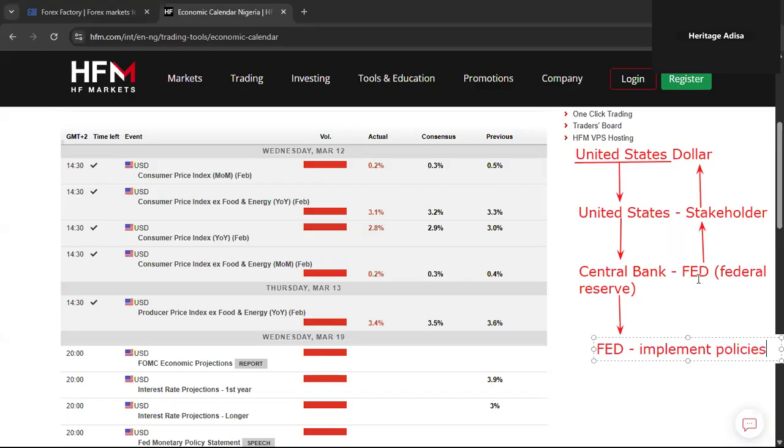And some of these policies are aimed directly at either improving the value of the currency or even actively devaluing the currency. Yes, sometimes the central bank can actually devalue the currency. Eventually, you can see that everything still goes back to the currency. So when central banks or the Federal Reserve implement policies, one way or the other, the effect is expected to be seen on the currency.